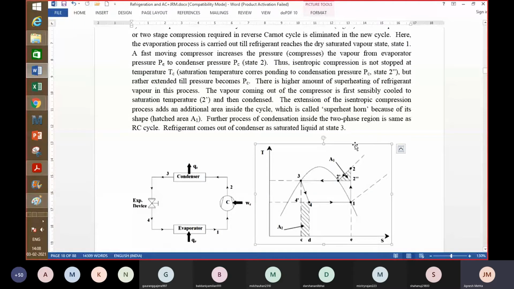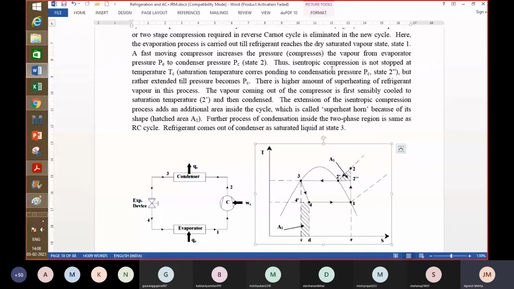A fast moving compressor increases the pressure of the vapor from the evaporator pressure PE. This pressure was given the name PE. From this pressure, it increases the pressure of the refrigerant up to the highest pressure, which was this condenser pressure, this line, right?